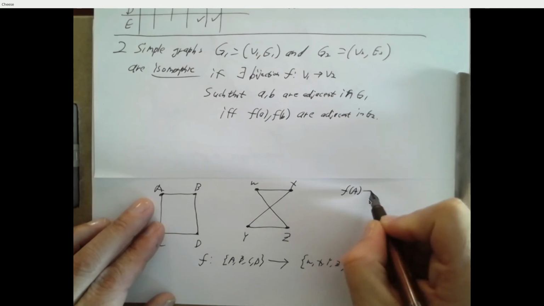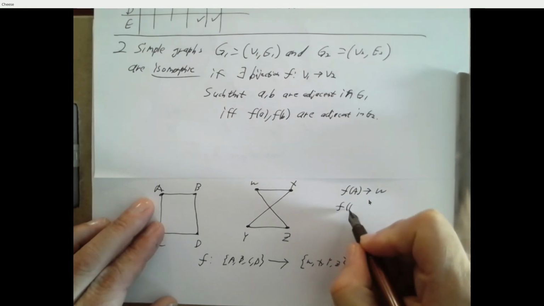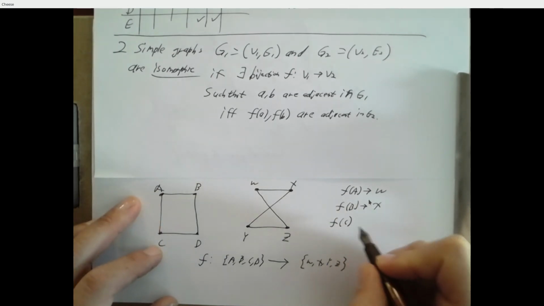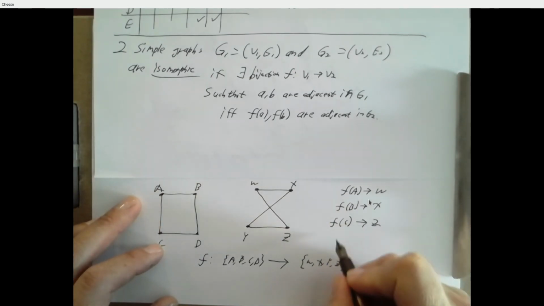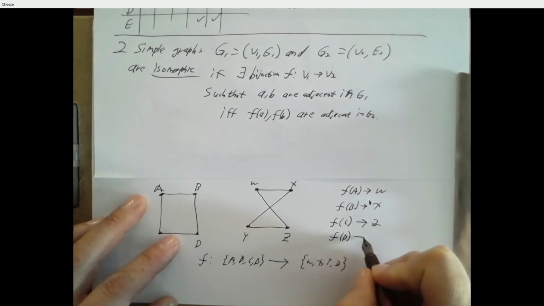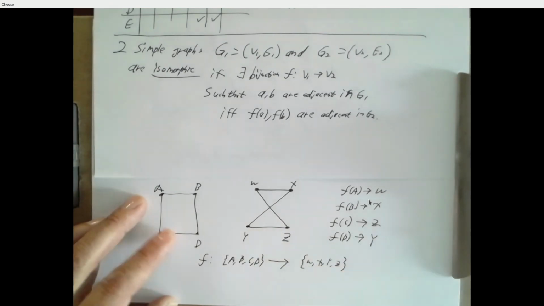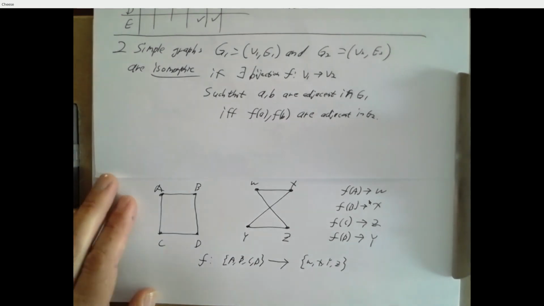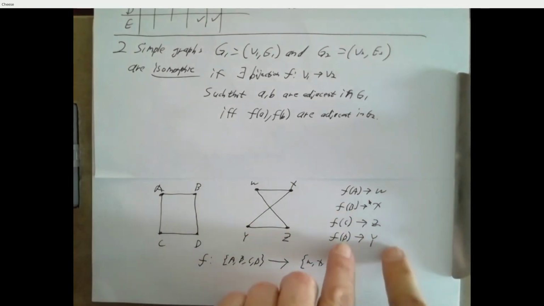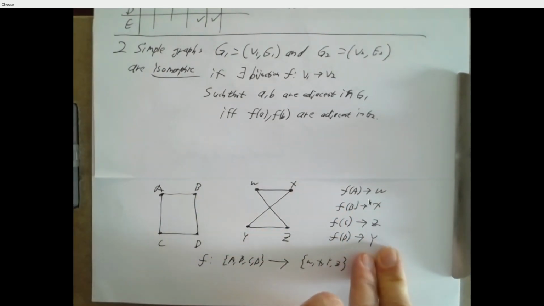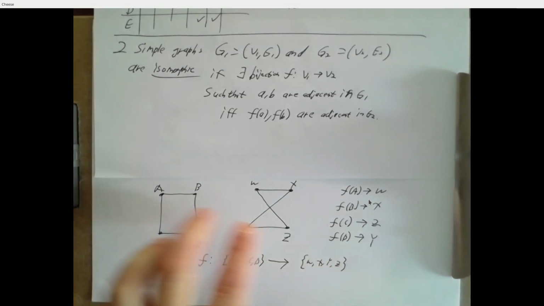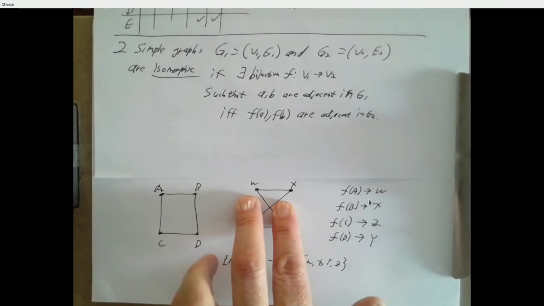F of A goes to W, F of B goes to X, F of C goes to Z, and F of D goes to Y. And the claim is these graphs are isomorphic if there's this bijection, one-to-one, so everything's mapped to exactly once, such that two vertices are adjacent here if f of those vertices is adjacent over there.